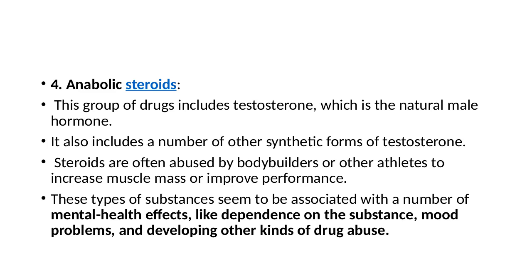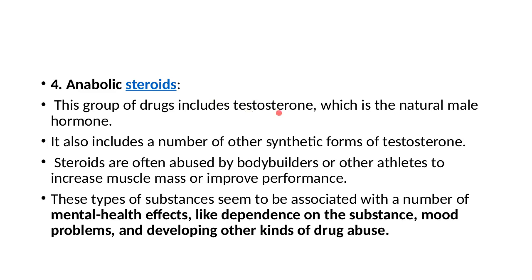The fourth type of drug that is normally abused is anabolic steroids, which are majorly abused by bodybuilders because anabolic steroids normally slow down metabolism such that your body uses a small amount of the food that you consume. So the majority of that food will be directed to build your body.